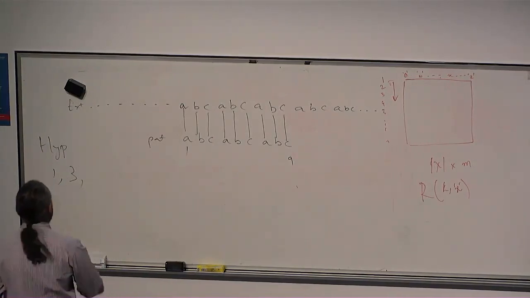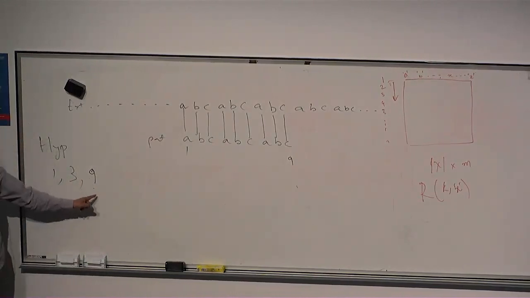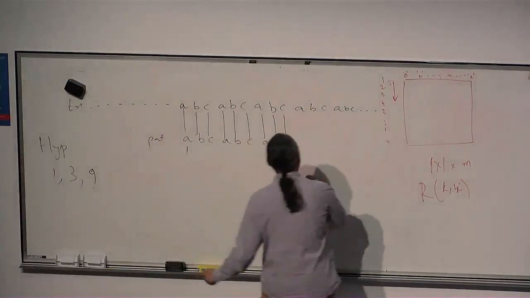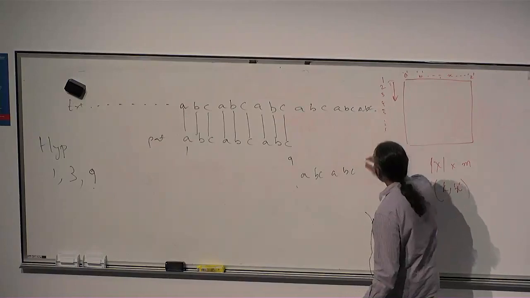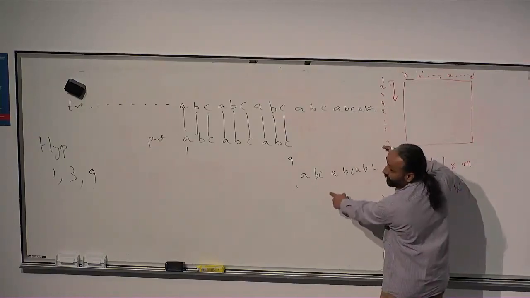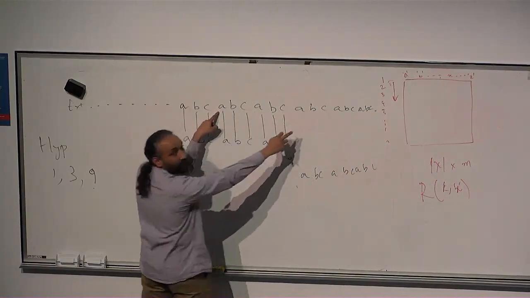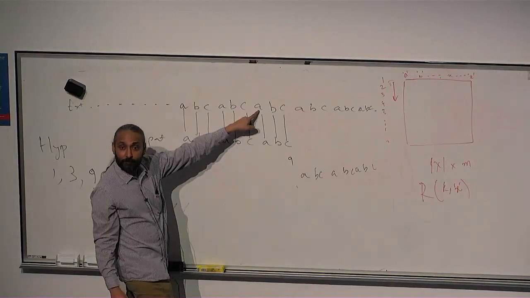9. Okay, so 9. Now we can rule out 9 straight away, because can you see that we will be missing other occurrences if I shifted by 9? So if I said ABC, ABC, well, it could have found that instance, but it didn't find an instance of ABC, ABC, ABC here.